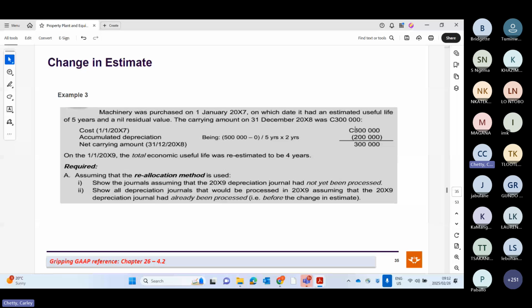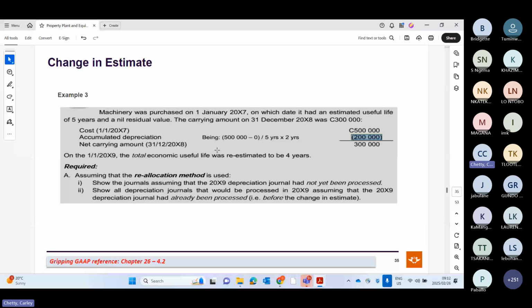But now more information may have become available, the useful life or the way we use the asset could change, and the useful life is now being re-estimated to 4 years on the 1st of January 2009. So we need to know how we are going to deal with this, okay? Because there has been a change in useful life, and this is going to affect the depreciation going forward. So let's follow these steps. If we break it down into steps, it becomes a lot more clear.